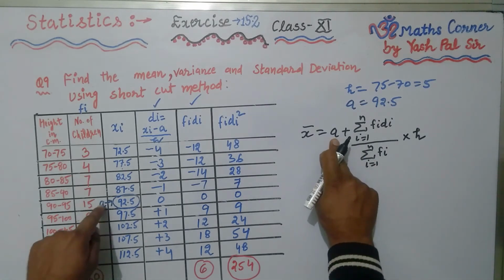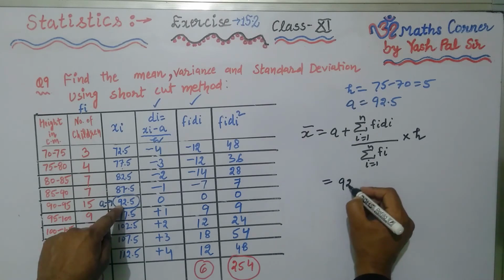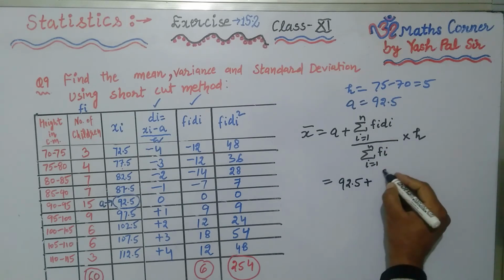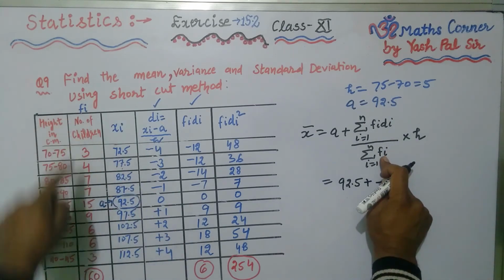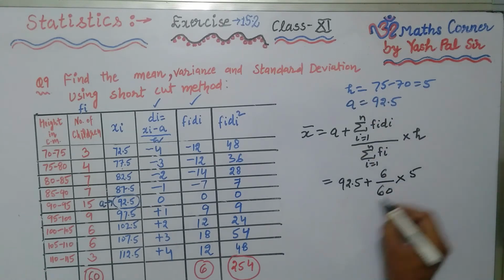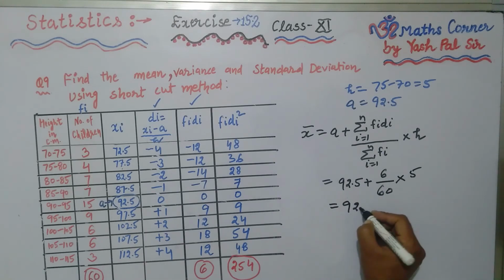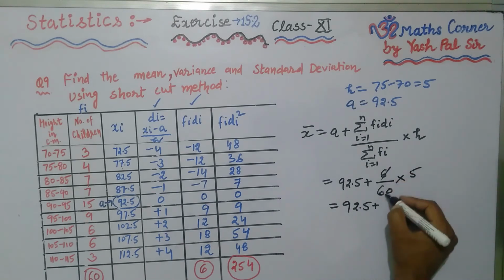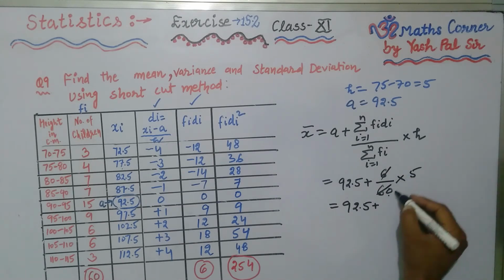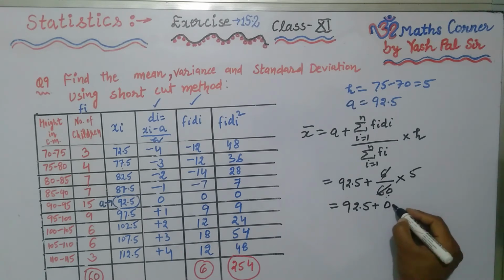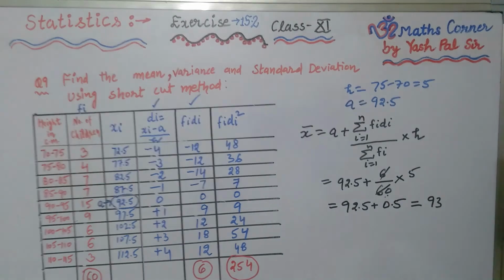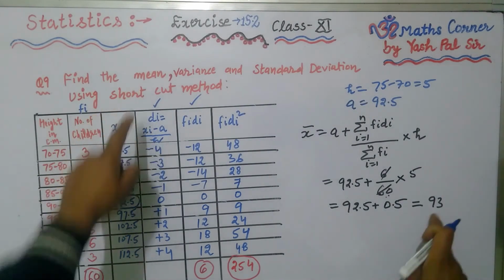Here a, the assumed mean, is 92.5, plus 6 divided by 60, into h which is 5. So this becomes 92.5 plus 0.5, which is equal to 93. So 93 is the mean.